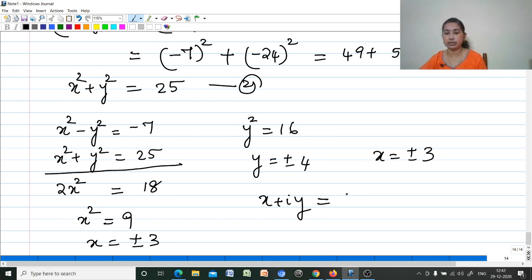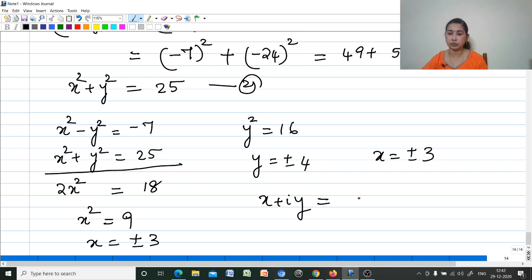So first one you can take 4 minus 3i, or you can take minus 4 plus 3i. So x is equal to plus 3, sorry. So x equal to plus 3, then you have to take y equal to minus 4.